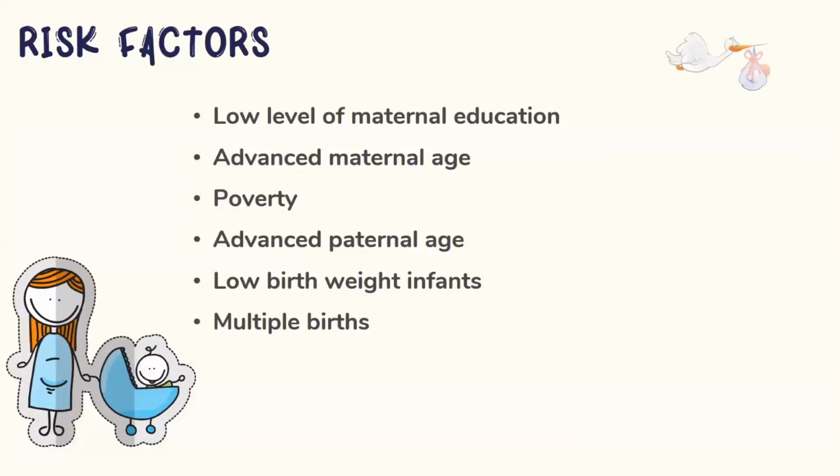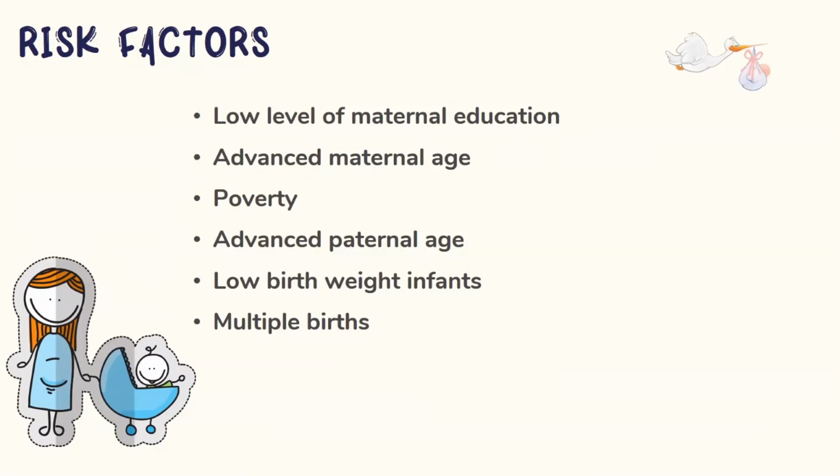So these are the risk factors for having a child with ID. The most common are the low level of maternal education, advanced maternal age, and poverty. Some studies have also shown that advanced paternal age, low birth weight infants, and multiple births can also lead to a high risk of children with ID.